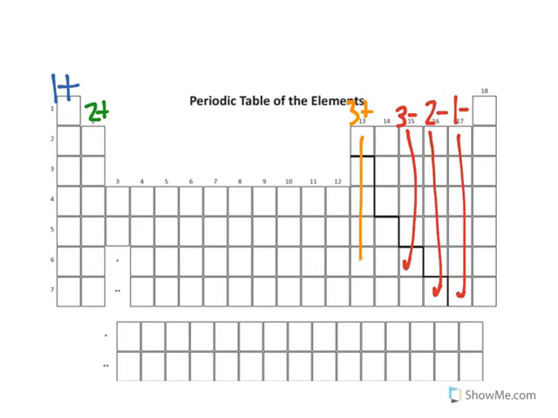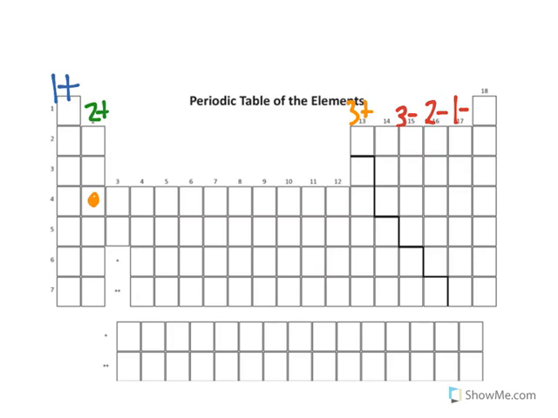So if we erase these arrows, and we just pick one of these at random, let's just say this guy right here, I don't even really need to know what element that is, but I know that since he's in this group, that makes 2 minus charges. This guy will make a 2 minus charge when he becomes an ion, which means he has gained 2 electrons. If I picked one right here, again, I don't even need to know what element it is.